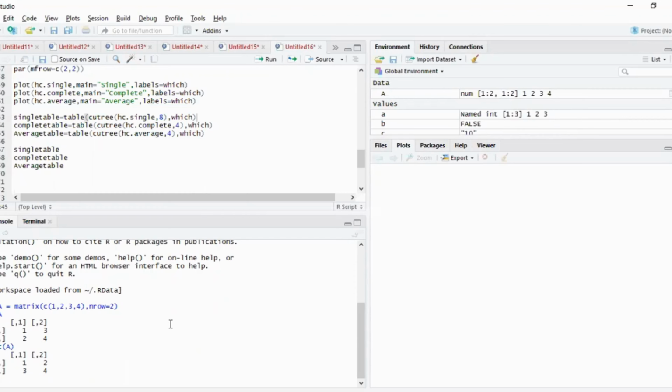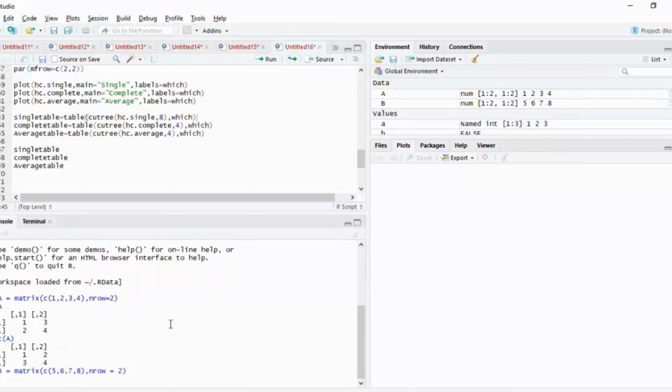Suppose I am creating another matrix B, using the same matrix function. Let's say concat 5, 6, 7, 8, and n row equals 2.